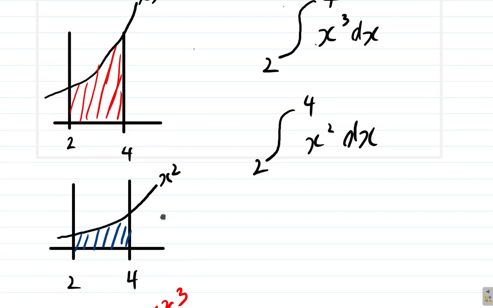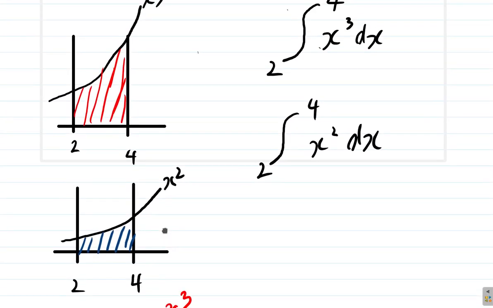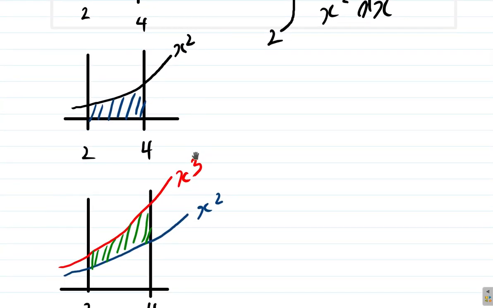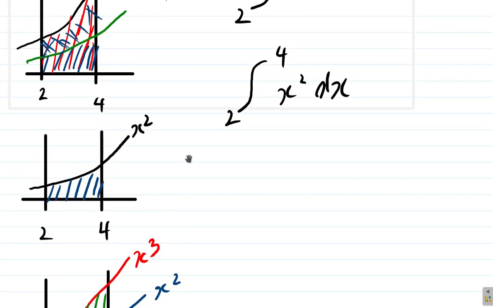You see that? When you put both of them together, the x squared would be here, and you would have this area under here, right? But if you take the x squared area from the total, then you have only this area under here to deal with. So you're looking at the difference between the two areas.